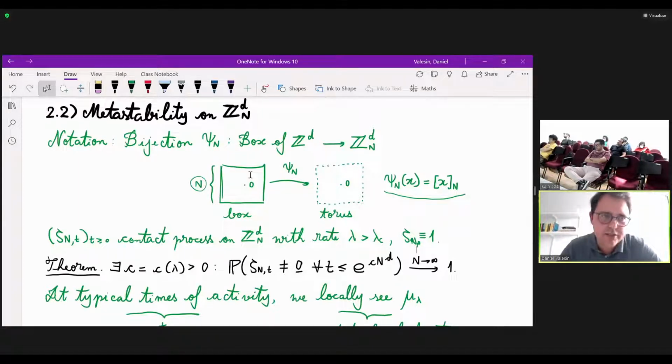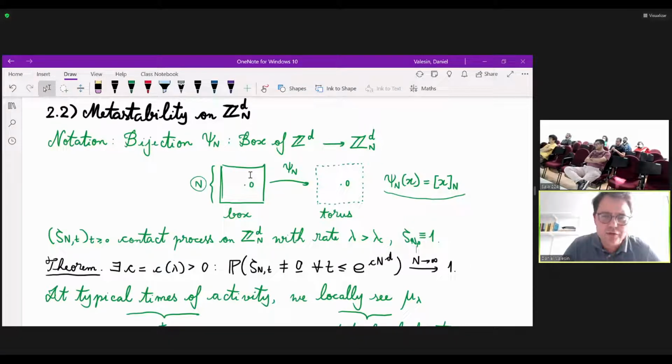So what it says is just that the process will stay active for an amount of time that is exponential in the volume of the torus. So it will take very long for this absorbing state that is identically 0 to be reached. Although the absorbing state is reached with probability 1, it takes exponentially long for that to happen.